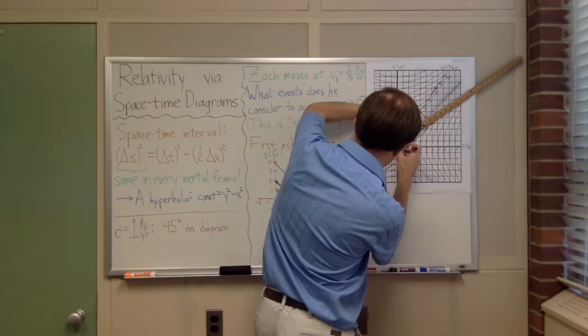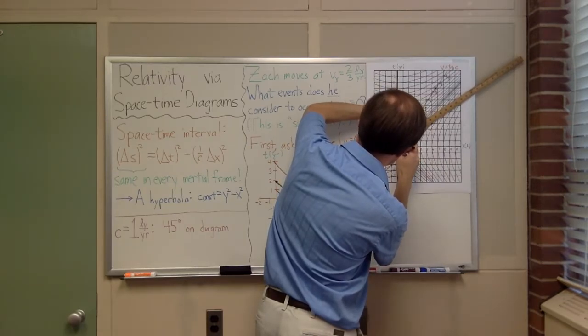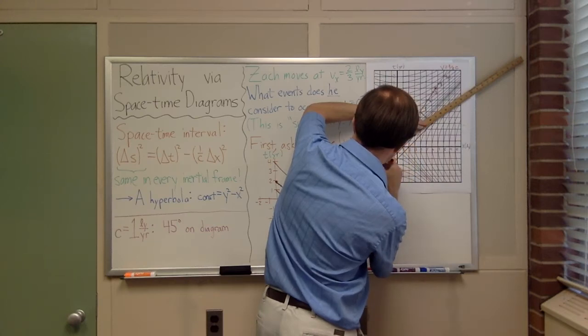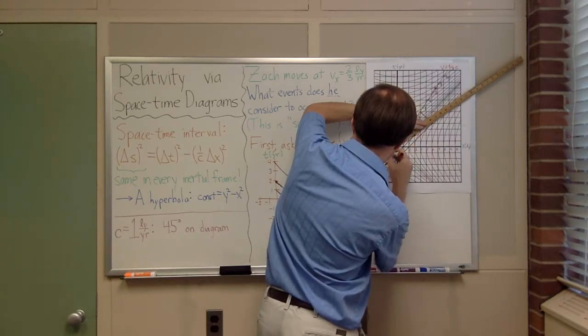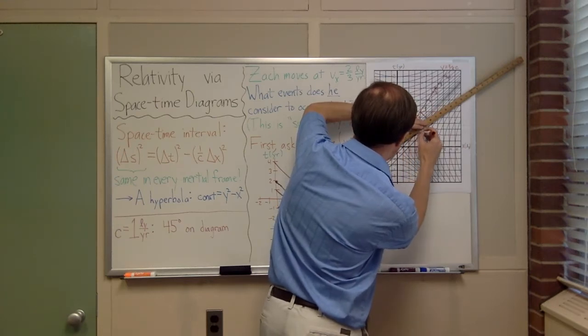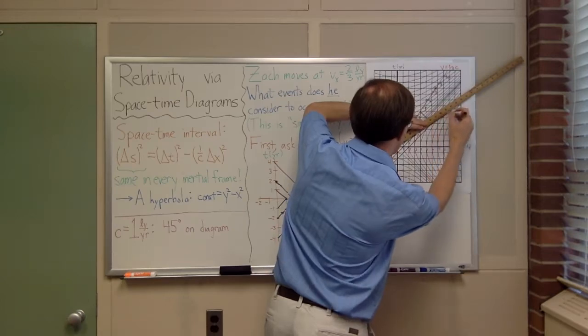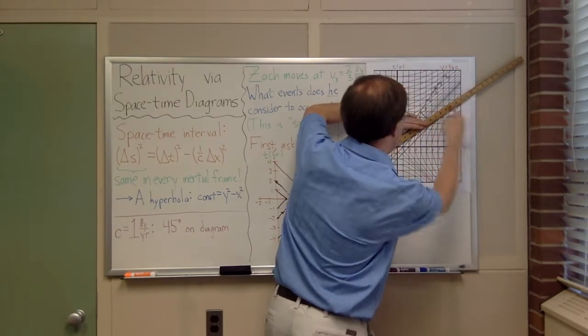Connecting the dots. I want to make sure that it goes through the origin. Make sure I don't mess that one up, of all things. Okay, let me just do some dashed lines. I'm doing a dashed line to represent Zach's time slice here, going along the universe.